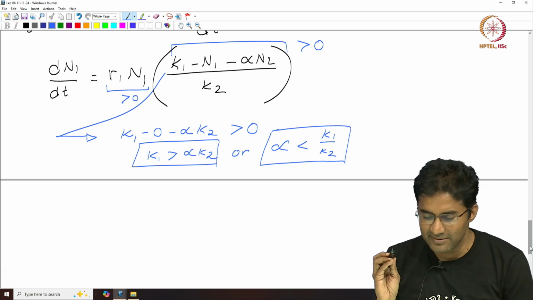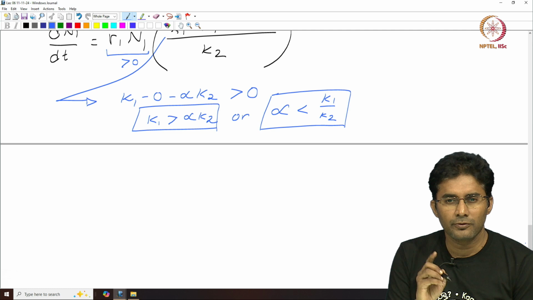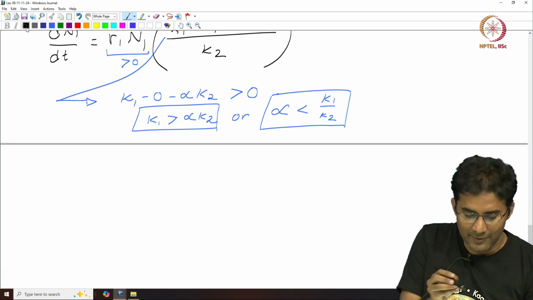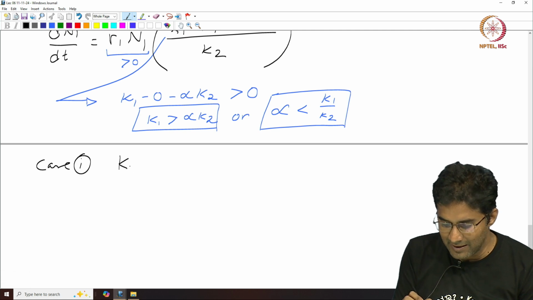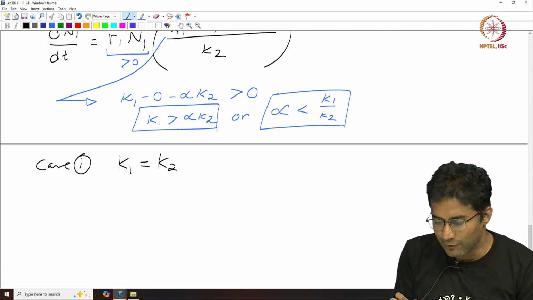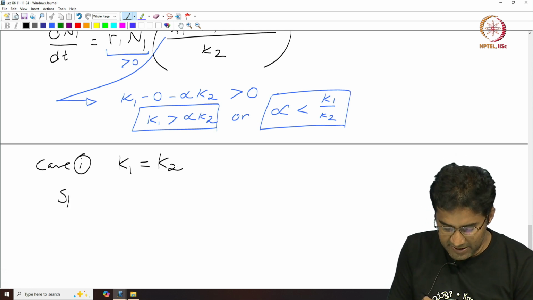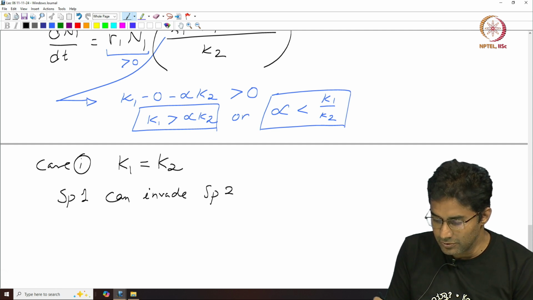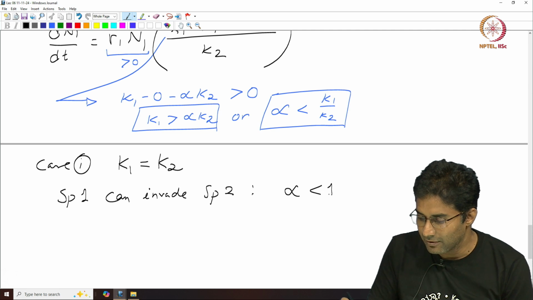Let us now understand this condition biologically. Let us consider two possible cases. Case 1 is when carrying capacity of 1 is equal to carrying capacity of 2. So, in such a case, species 1 can invade species 2 at its carrying capacity when alpha is less than 1.